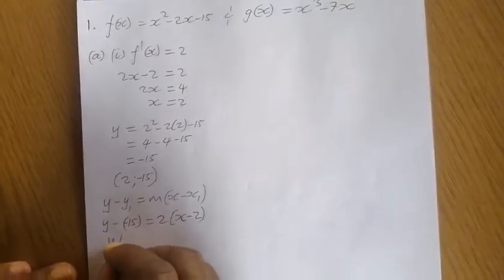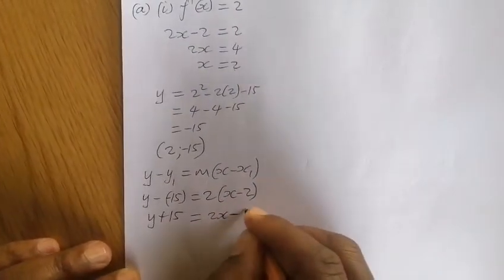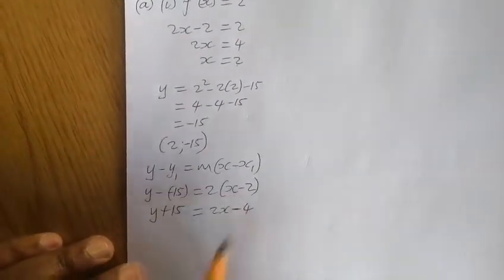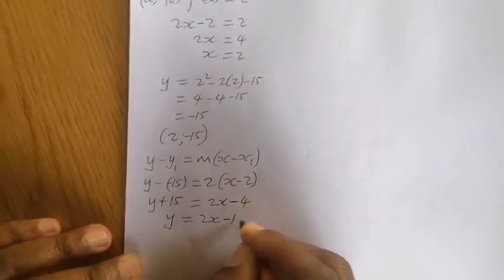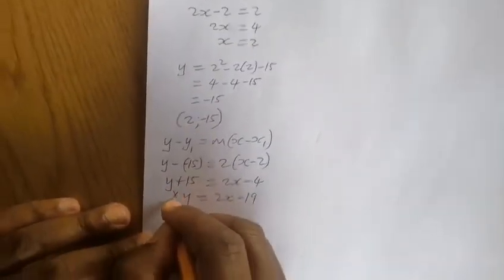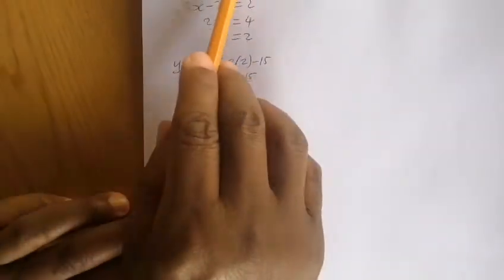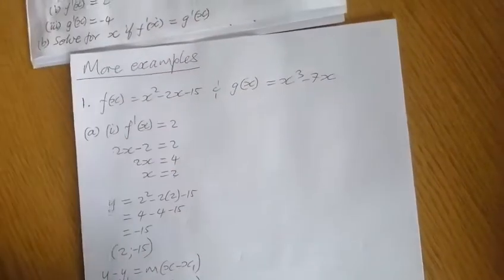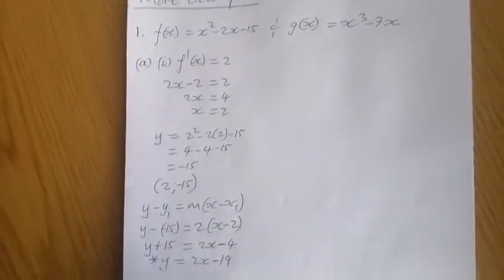So this gives us y plus 15 is equal to 2x minus 4. If this one goes there, we have y is equal to 2x minus 19. This is the equation of the tangent to the quadratic function at x equal to 2 and y equal to minus 15.